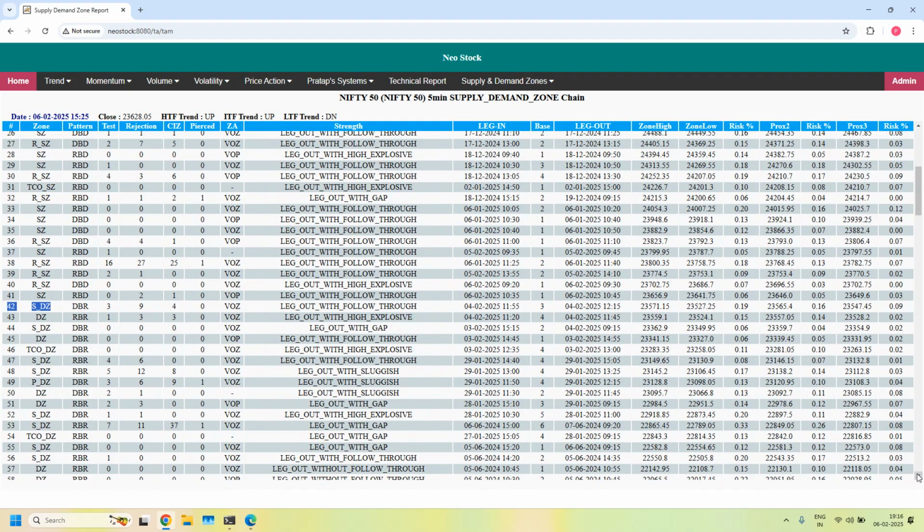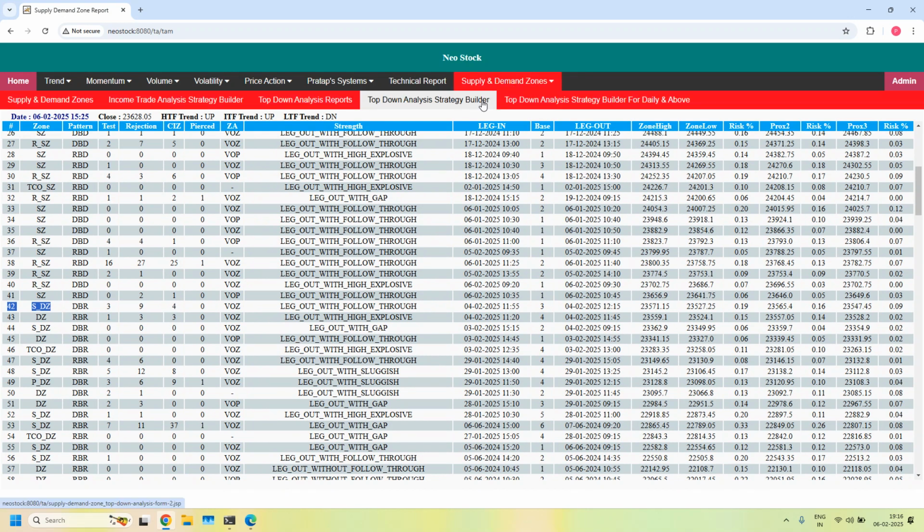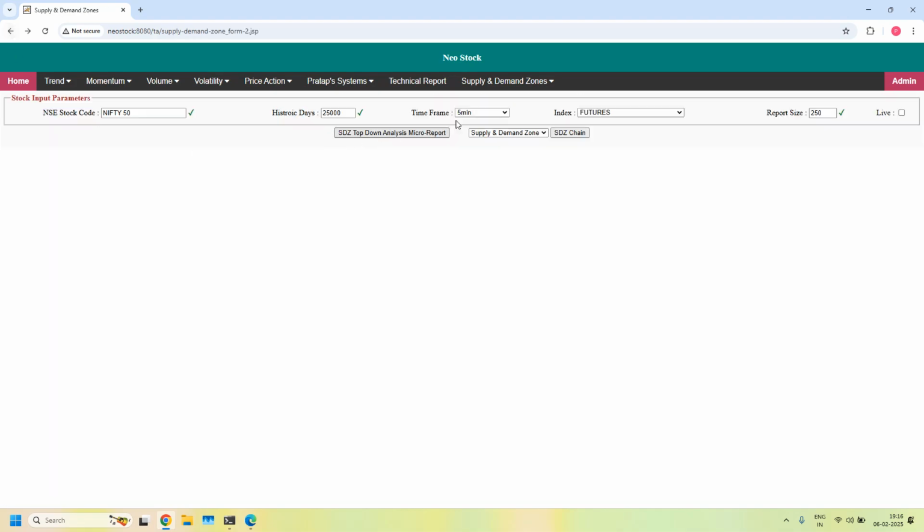Next, I will generate Bank Nifty supply demand zone chain. That is nothing but Nifty Bank. Generating monthly supply demand zone chain for Bank Nifty.